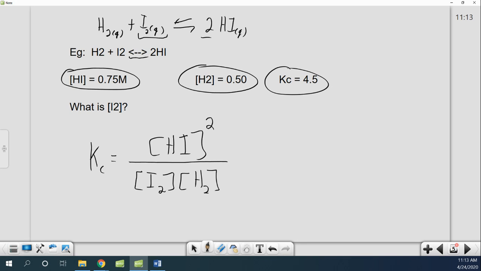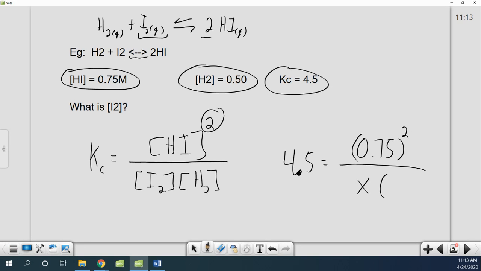I know Kc is 4.5. Do I know HI? Hey, I do. It's 0.75, and I've got to square it because I have a squared over there. I can plug in my iodine, which I don't know, as x. Do I know my H2? Yes, I do. 0.50.